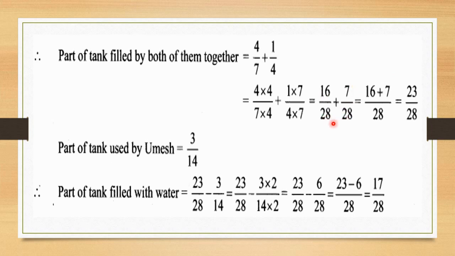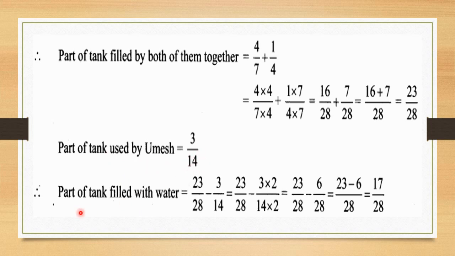Here you can see the denominator is same. So we can simply add numerator over a common denominator. So 16 plus 7 upon 28, you will get 23 by 28. Now, part of a tank used by Umesh is equal to 3 by 14.